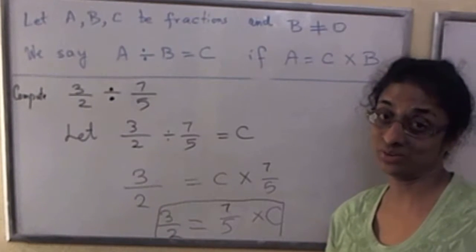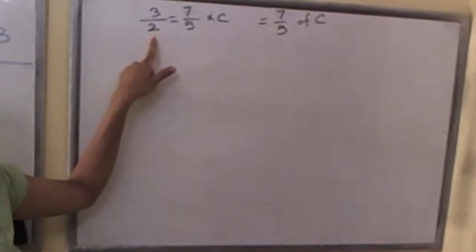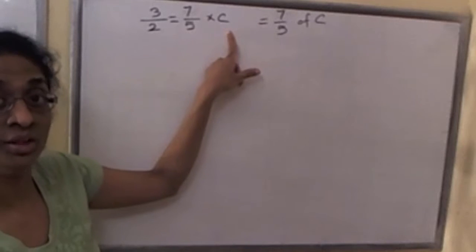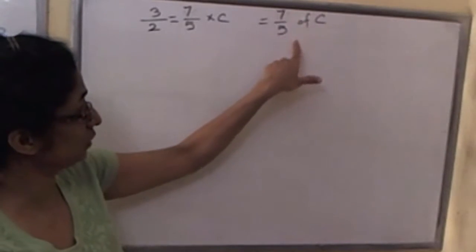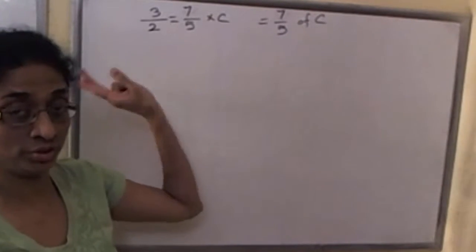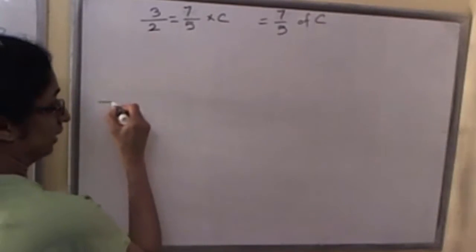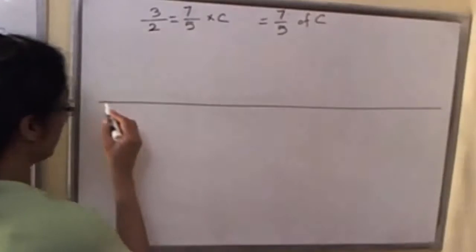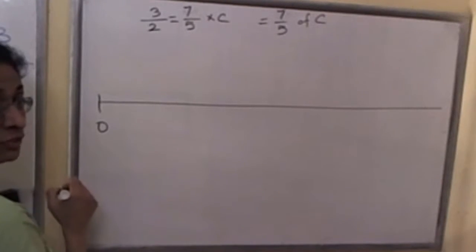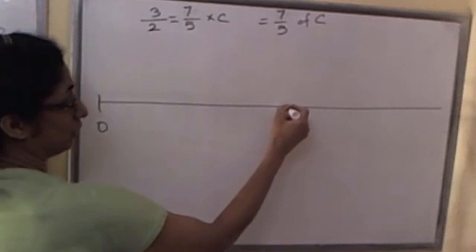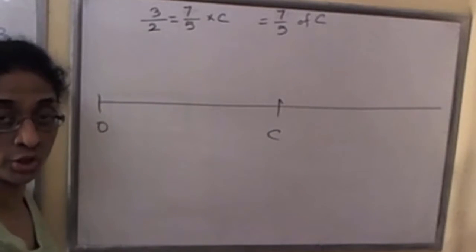So let's do that on the other board. Here we have 3 over 2 equals 7 over 5 times c, which is exactly the same as 7 over 5 of c. We're going to try to find out what the value of c is using the number line. Here's how we proceed. Just like in the previous example, mark off the point 0. We don't know what c is, so we just mark off some point as c.